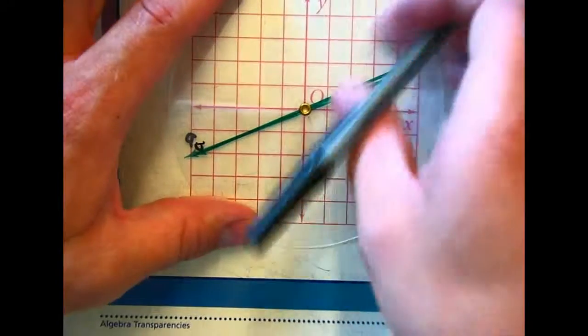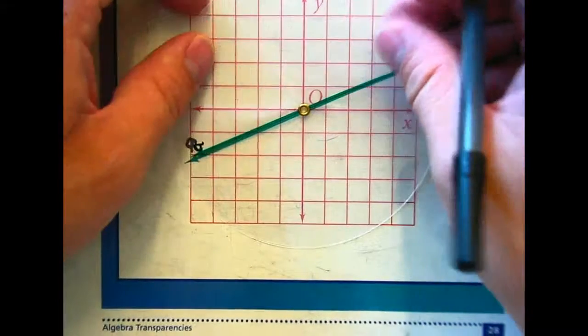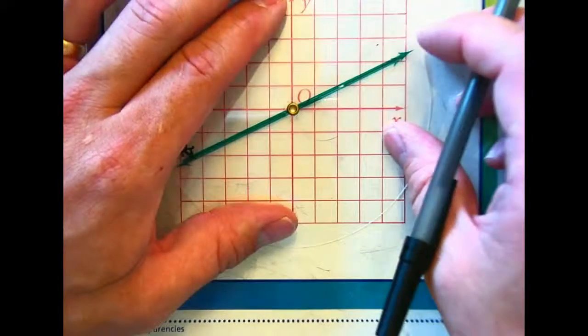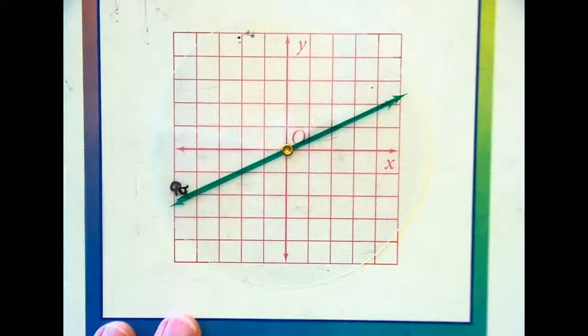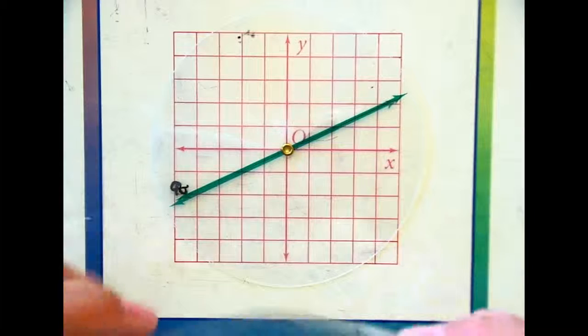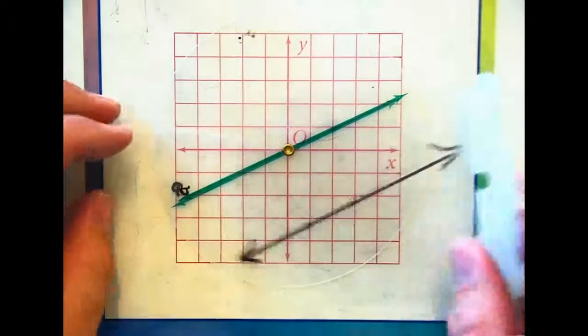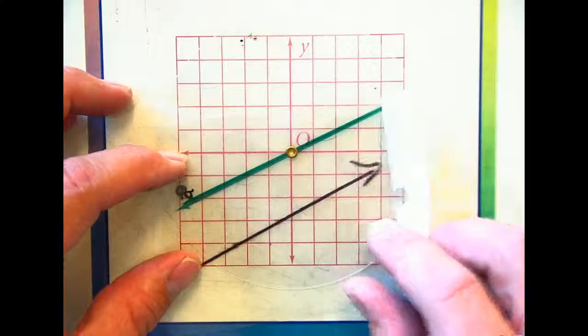So if I had that line right there, let me match that up the best I can. There's a line. I want you to tell your neighbor what the slope of another line is that is parallel to it. Okay, volunteer, what's the slope going to be? The same. What is it? 2/4, so 1/2.